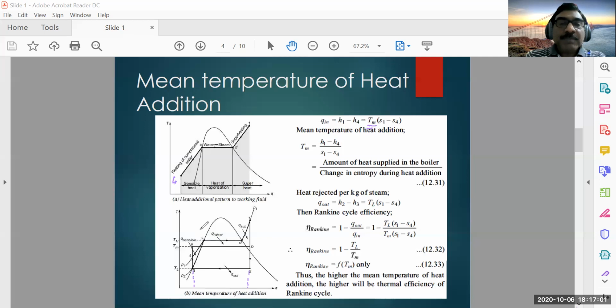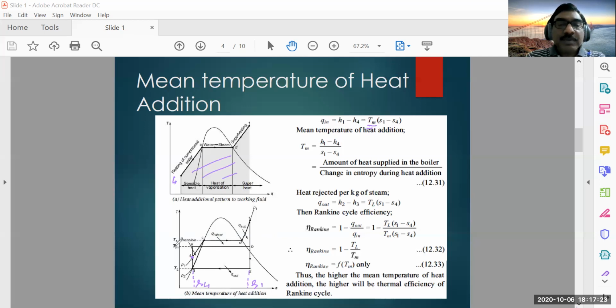right? What we said is that the area below this is the heat added. So if you take one mean temperature and multiply by the entropy difference, this is S1 and this is S4, because this is point 4, this is S4, this is point 1, this is S1. What is the area of this particular rectangle?